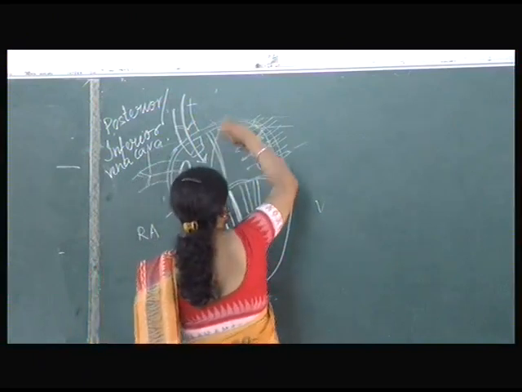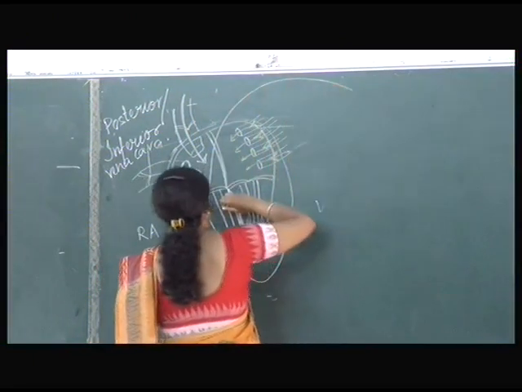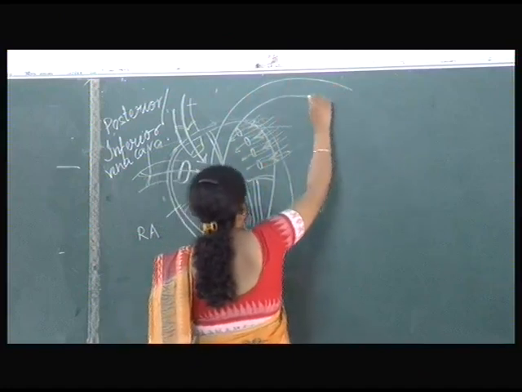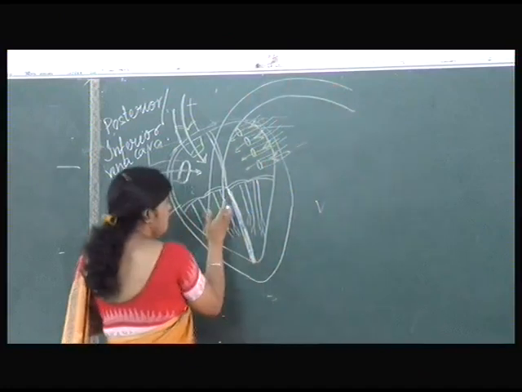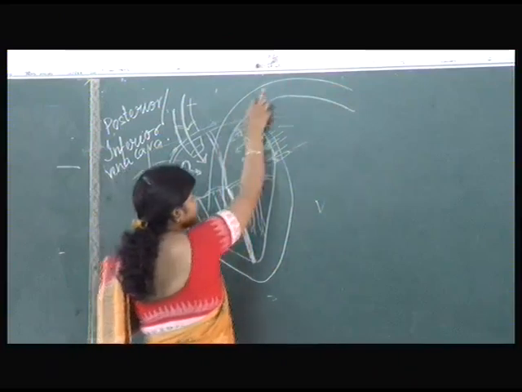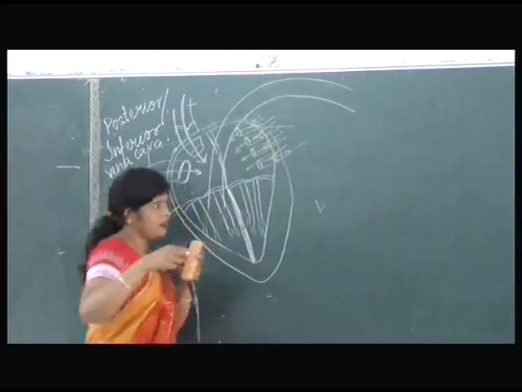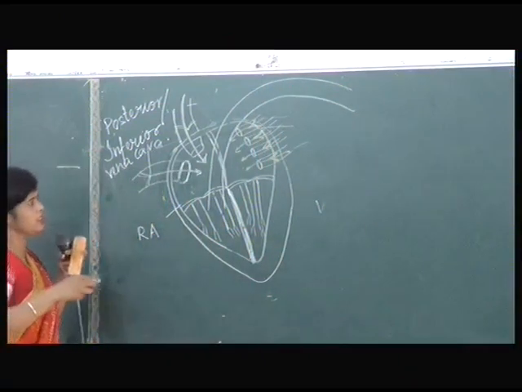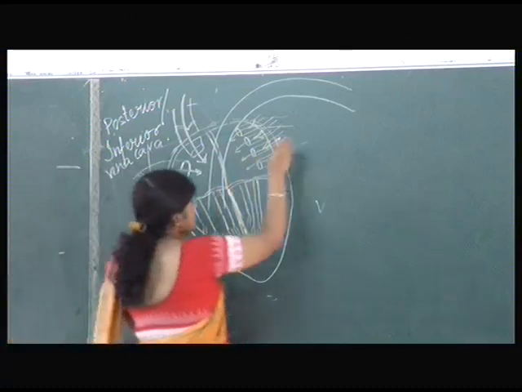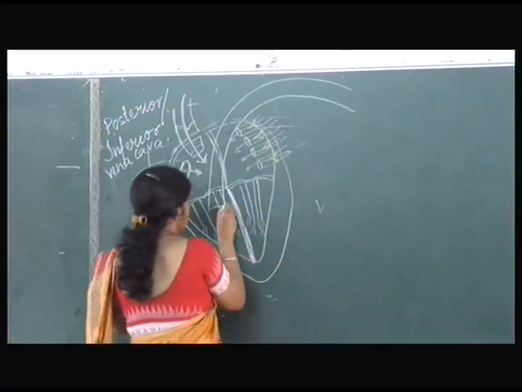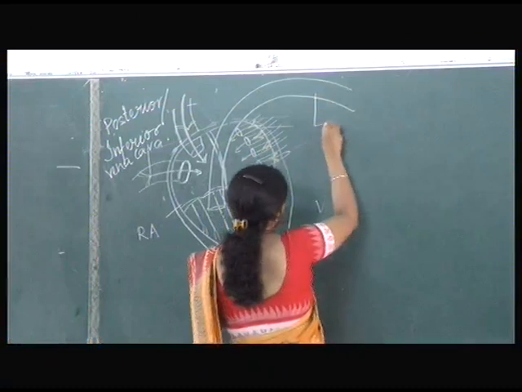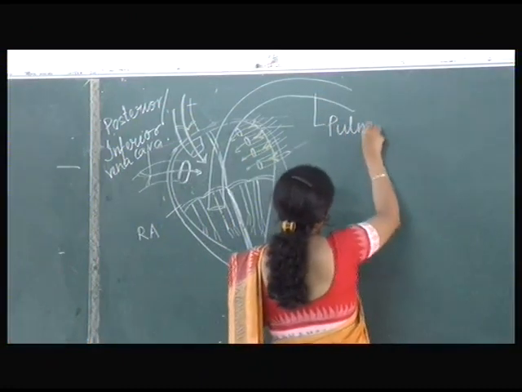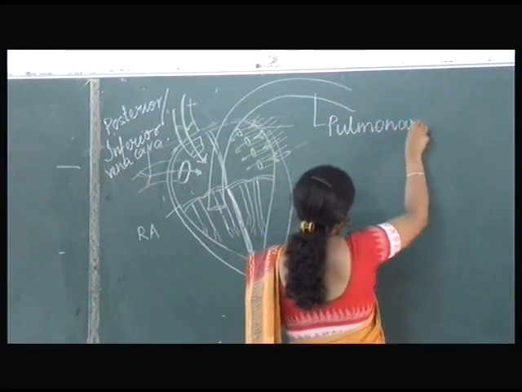Why do we call it an artery? Because the ventricle pumps blood and the blood moves away from the heart. I'll be repeating this when I do circulation. Is it okay? Now this one is known as the pulmonary artery.